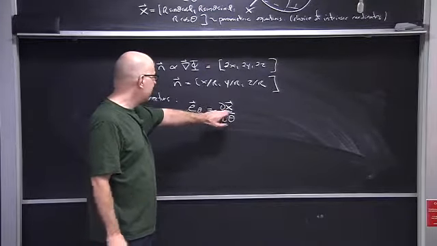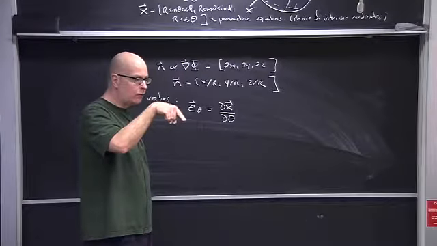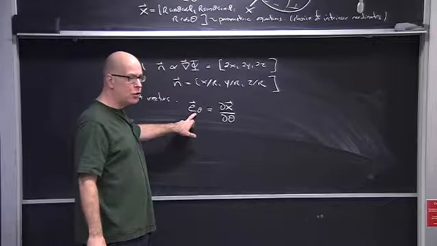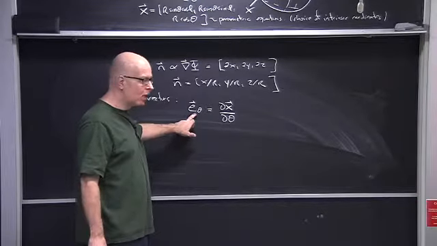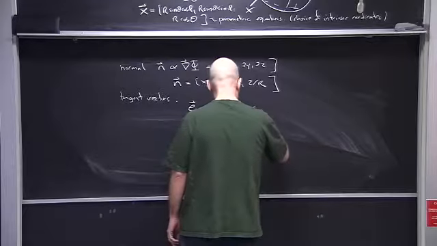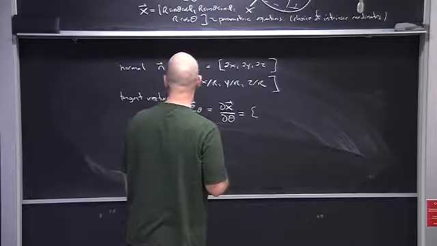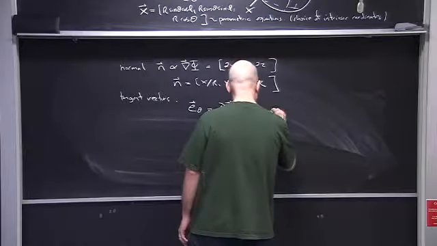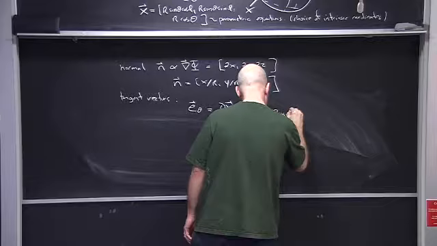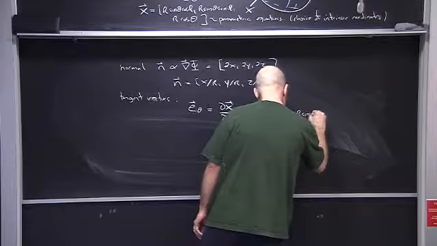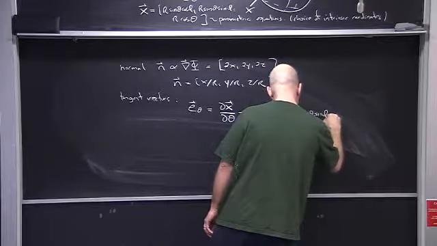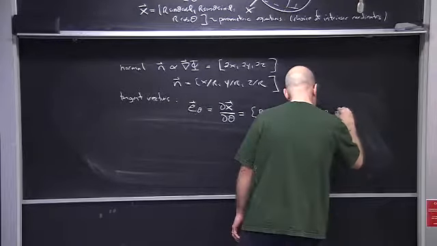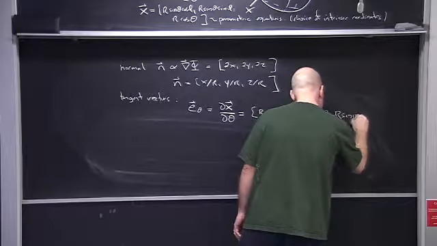That partial derivative means I'm displacing myself along the surface in the direction of theta, and that's a vector that will be pointing tangent to those curves, phi equal constant. For this tangent vector, I just take the partial derivative, and I get r cosine theta cosine phi, r cosine theta sine phi, and minus r sine theta.